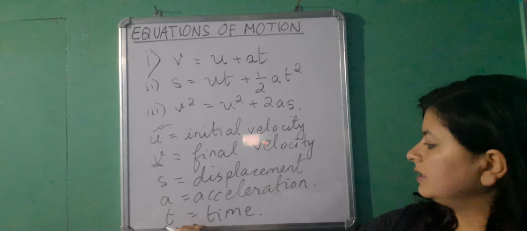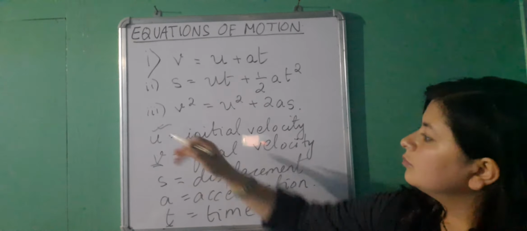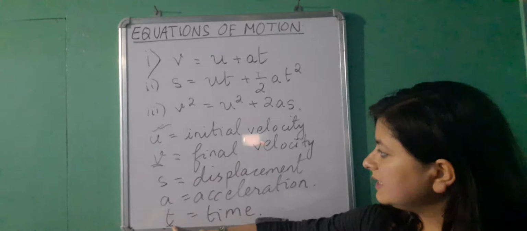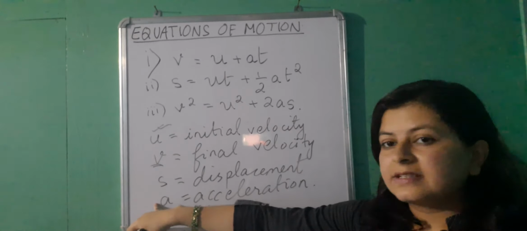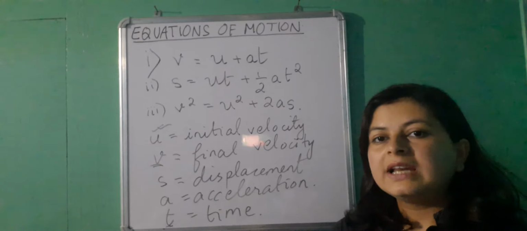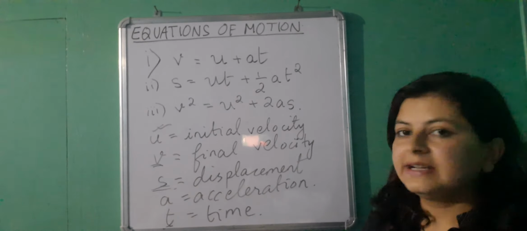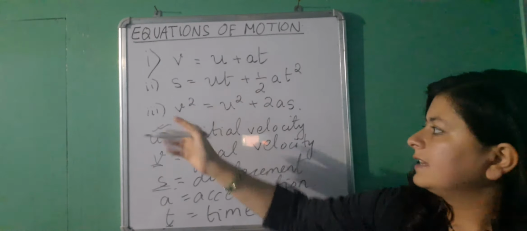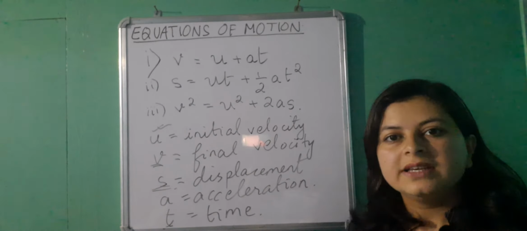So a body moving with an initial velocity u, after a time interval t, will acquire a final velocity v with an acceleration a. Meanwhile, it is going to cover a certain displacement that is denoted by the letter s. So these are the equations of motion and the meanings of the various variables used in the equation.